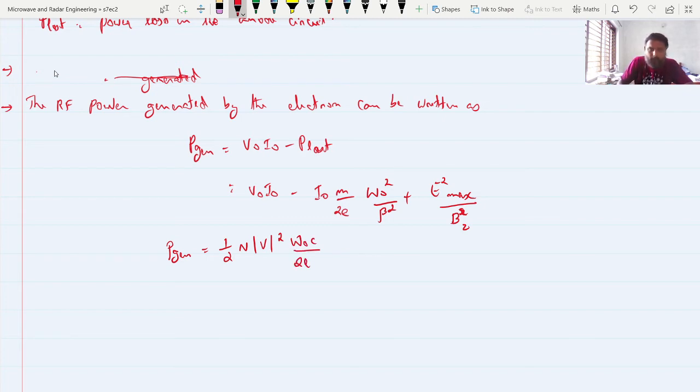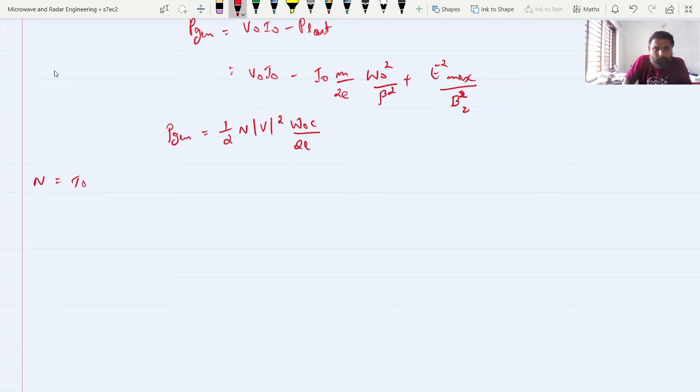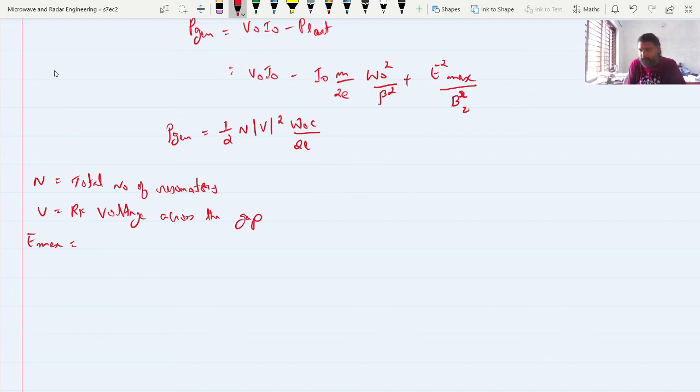Where n is the total number of resonators, V is the RF voltage across the gap, and E max is nothing but M1 V by L. Okay, M1 V by L is the maximum electric field.